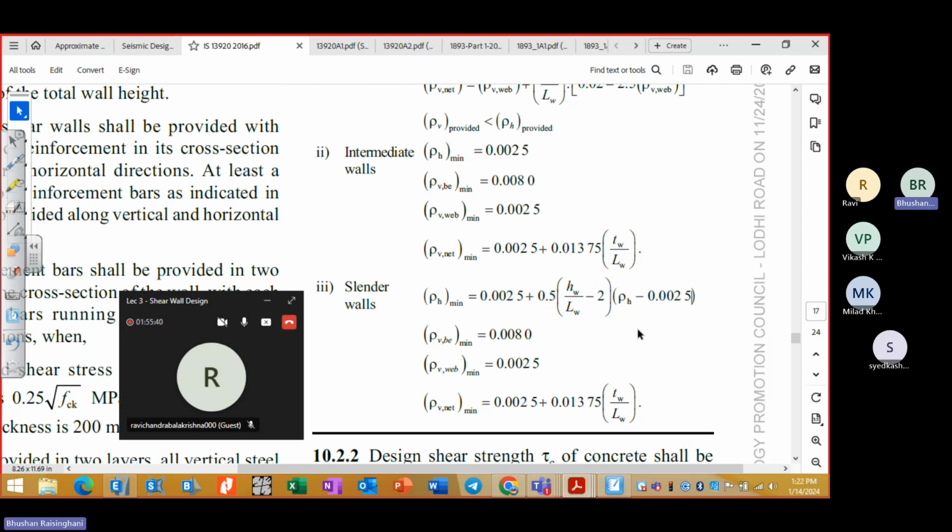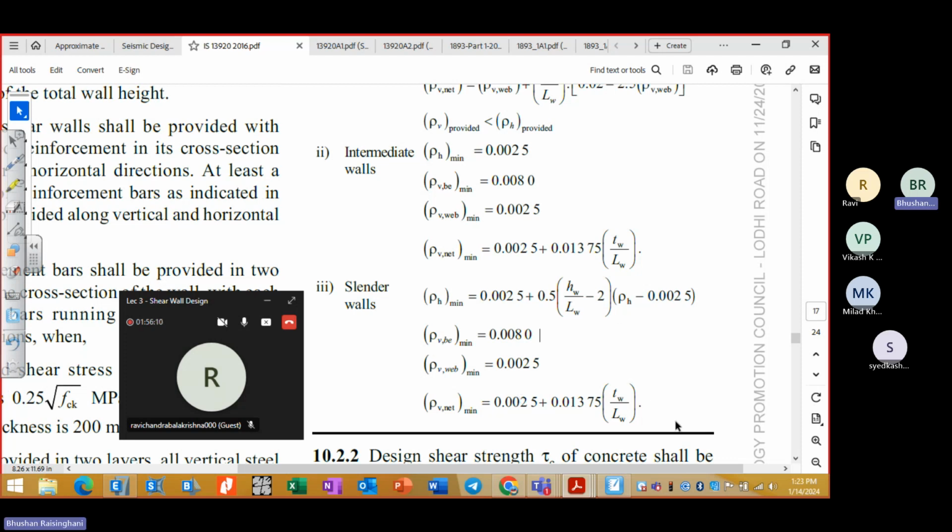For shear and bending, both actions it will require. Then rho vertical in the boundary element is 0.8%, it is the same. Rho vertical in the web minimum: the boundary element is the column, and in between the boundary elements there is 0.25% uniform reinforcement. Rho v net minimum also has to be followed. So as per the cross section, this should be the net area in the vertical direction that is required.